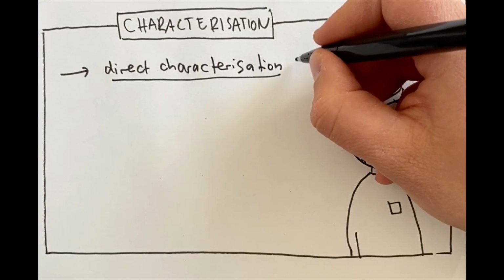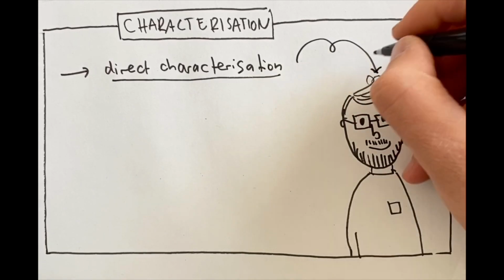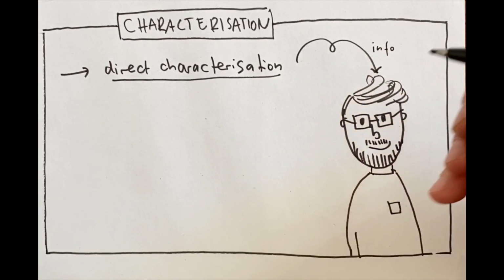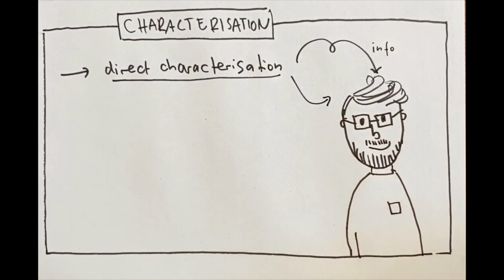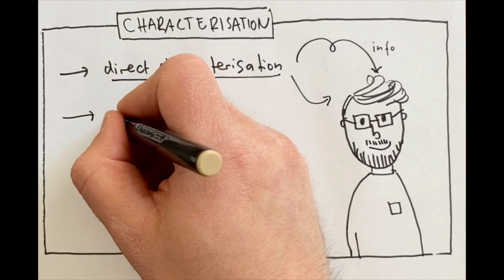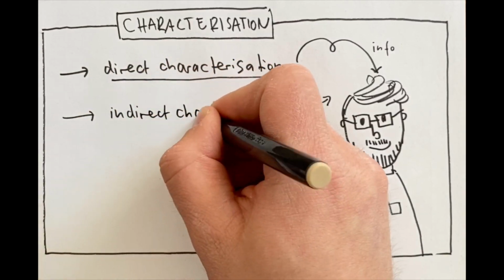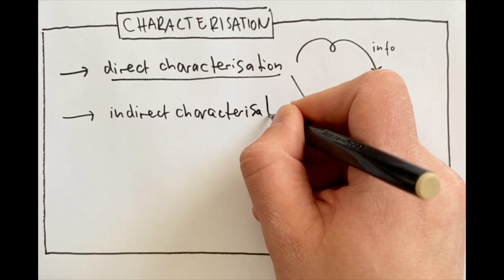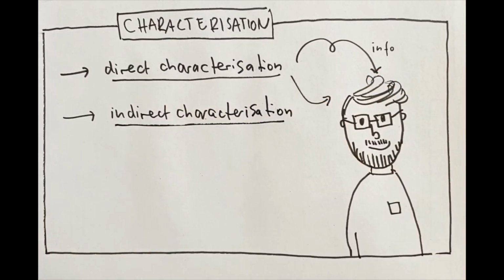Is there certain direct information that is being given? So that is the direct characterization of the character, like the age, the looks, appearance, what he likes, does, and so on.